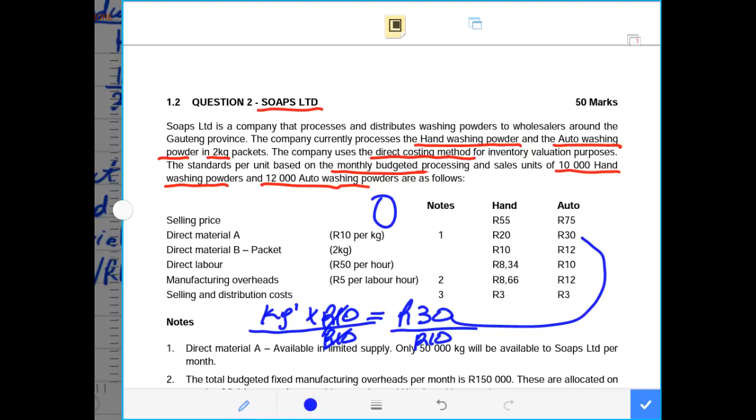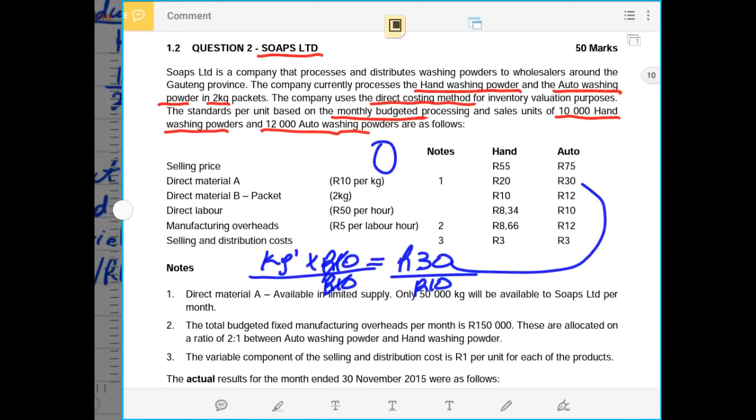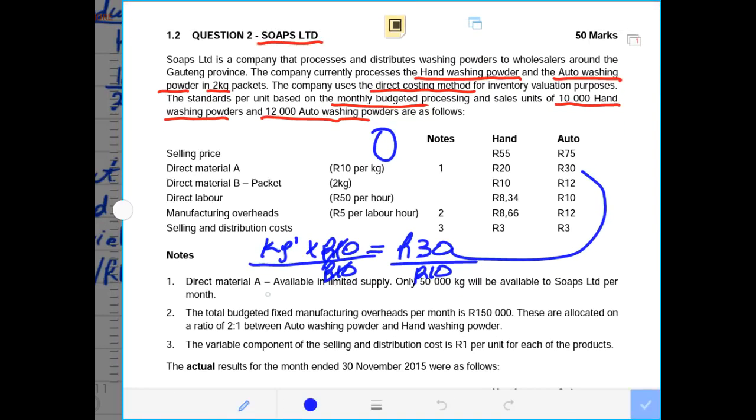Accounting would have taught you that for every debit entry, there should be a credit entry. So kgs per unit will be 30 divided by 10, which will give us 3 kgs per unit, meaning we need 3 kgs to complete 1 unit of auto washing powder.